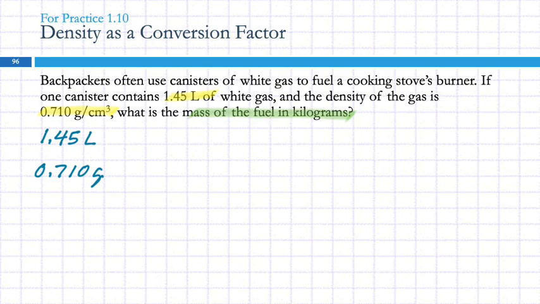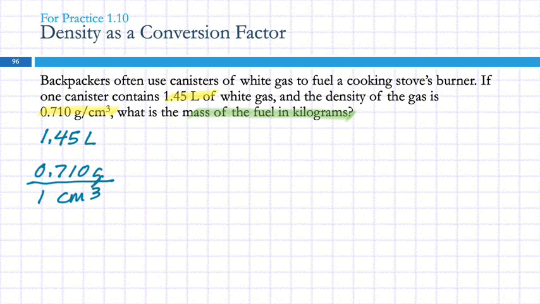So when you copy it down, it's just as easy with your hand to make it a vertical fraction as it is a horizontal one. So that's 0.710 grams over cubic centimeters. Well, how many cubic centimeters? It's per each cubic centimeter, per one. So if you feel like, well, that needs to have a number down there, it has a 1.